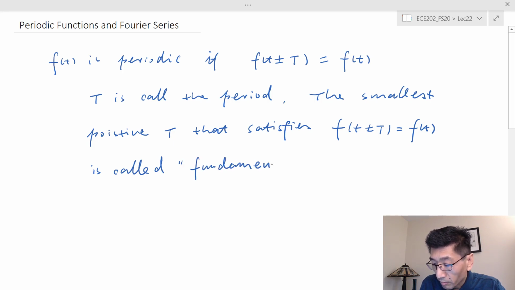In most cases when we talk about the period, we mean the fundamental period.